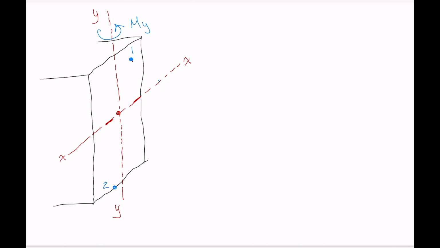So looking at our equation again, sigma equals My over I. How would we calculate the stress at location 1 that arises from internal moment My? So the stress at location 1 would be, well, we'd use the internal moment My as our moment. Our distance y here, remember, is the perpendicular distance between the axis of the moment that you're dealing with and the location where you want the stress.